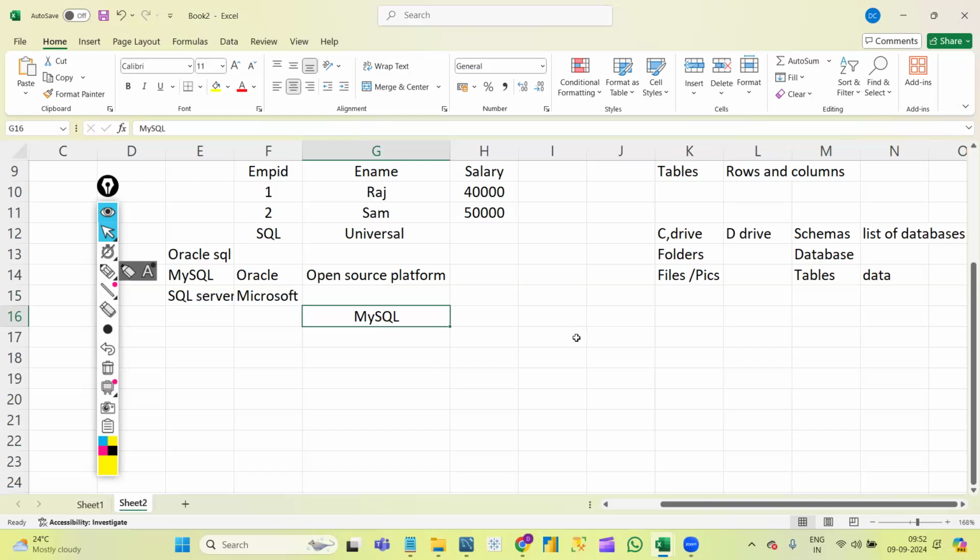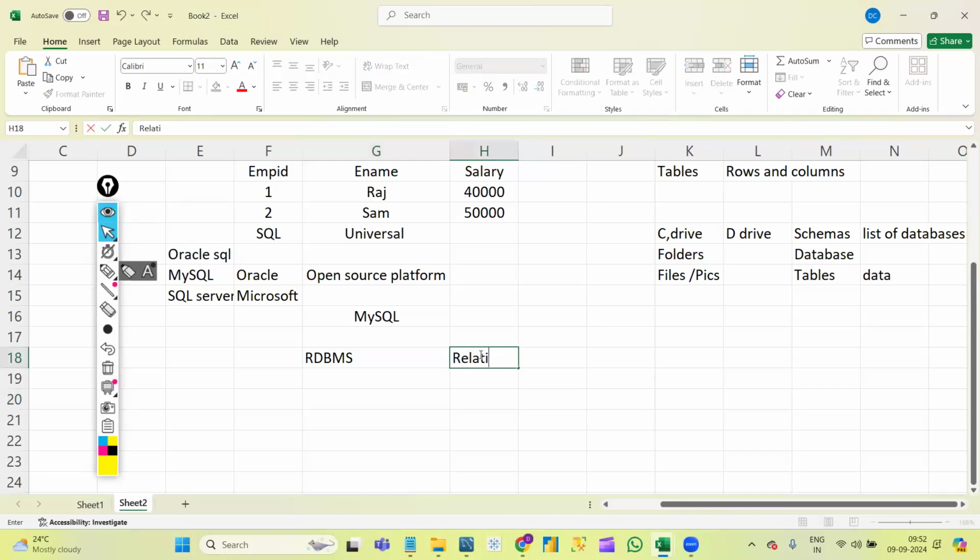Again, there are two types here. Some tools come under RDBMS. RDBMS stands for Relational Database Management System.